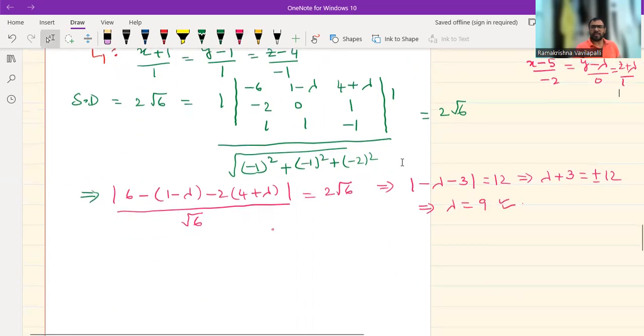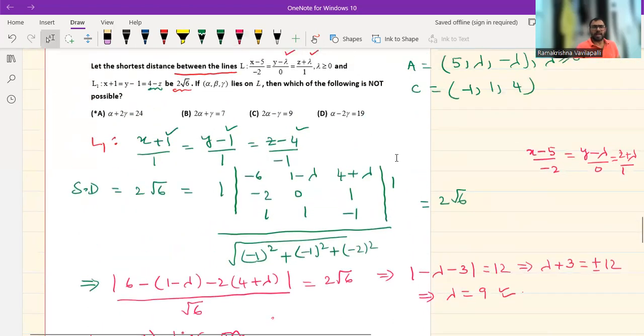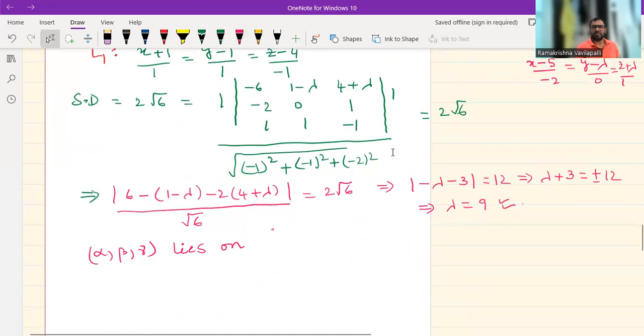So alpha, beta, gamma lies on this line, only the first line, L.